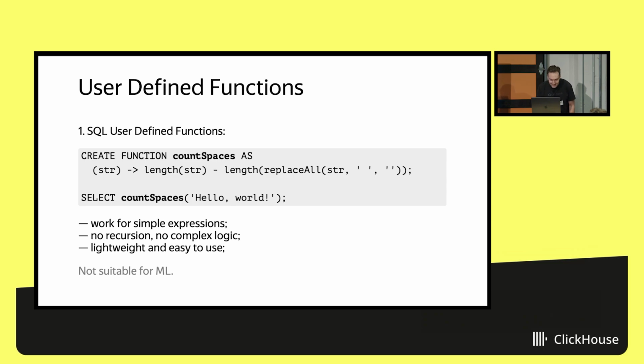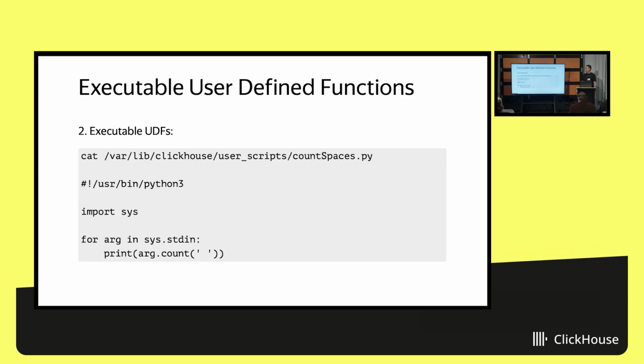It sounds trendy. It sounds nice. So another type of user-defined functions are executable user-defined functions. For this, I create a script. I put this script into a specific directory, named user scripts. I make this script executable. And the same function can look as simple as this.